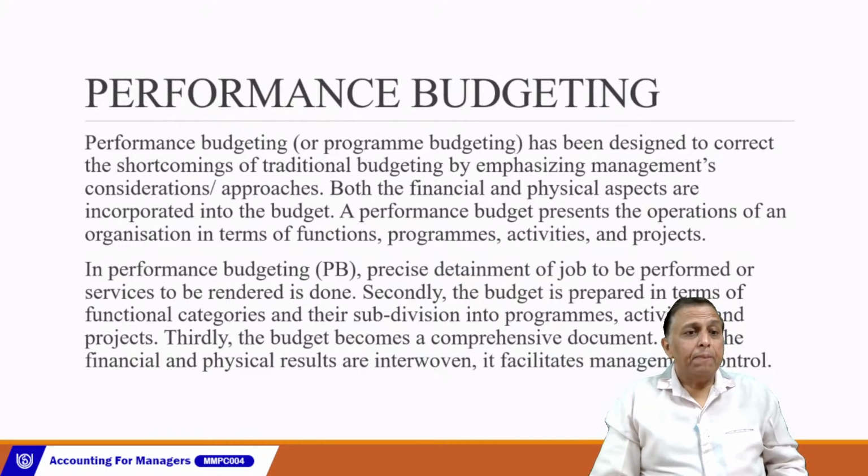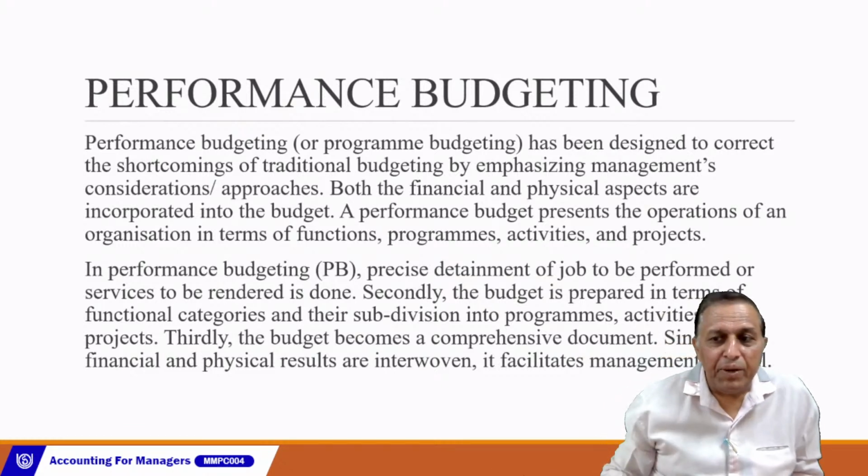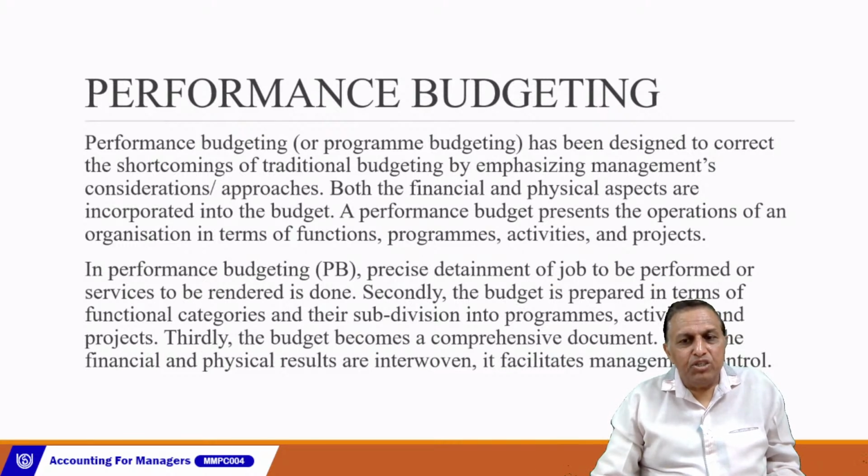In performance budgeting, precise detailing of the job to be performed or services to be rendered is done. Secondly, the budget is prepared in terms of functional categories, their subdivision into programs, activities, and projects. Thirdly, the budget becomes a comprehensive document. Since the financial and physical results are interwoven, it facilitates management control.